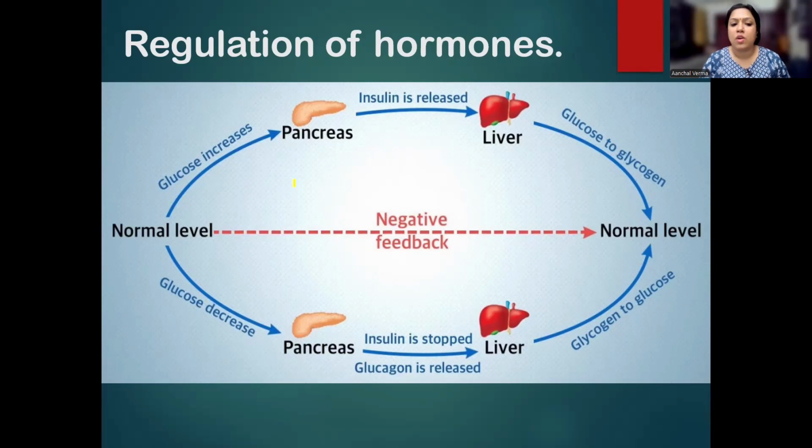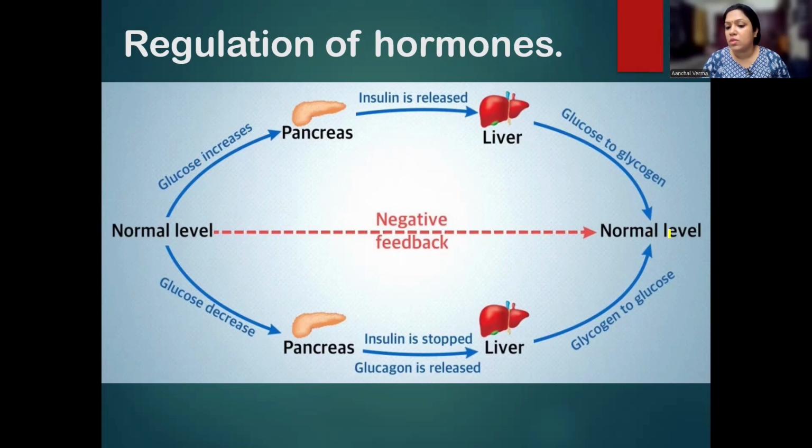So what happens? There is a normal level of glucose in the blood. Glucose increases. If glucose increases, then the beta cells of pancreas are triggered. Now that releases insulin. As the insulin releases, insulin will allow the cells of liver and other cells to take in glucose and convert into glycogen and store it for further use. So the glucose comes to the normal level after the storage.